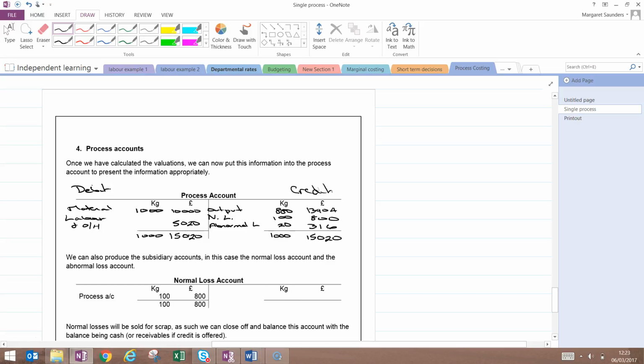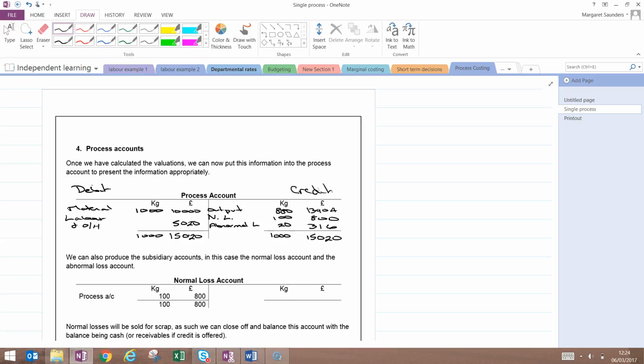So our process account is all balanced. Debit side 1,000 kilos, credit side 1,000 kilos, and in terms of value, on the debit side 15,020, and on the credit side 15,020.